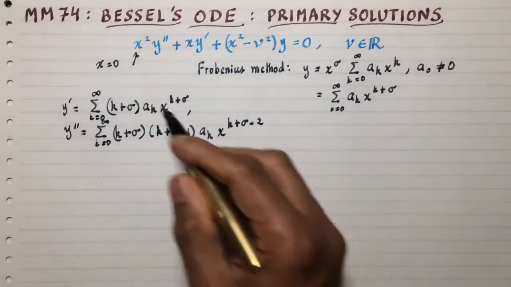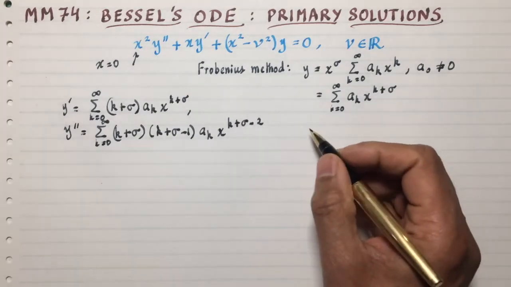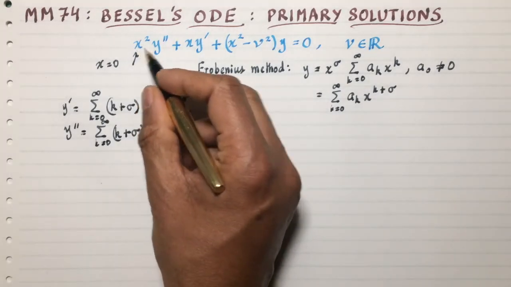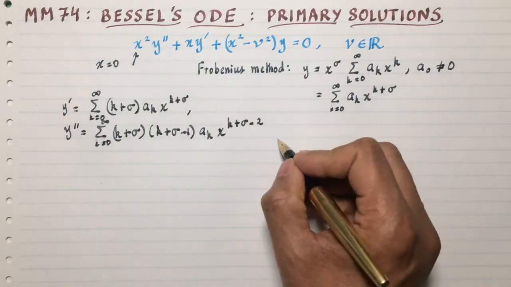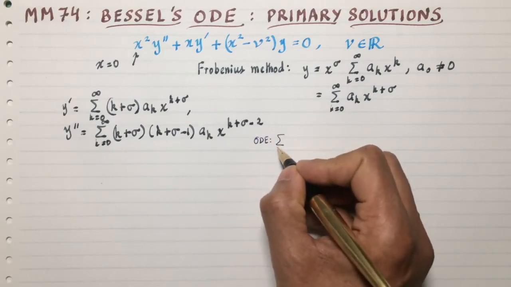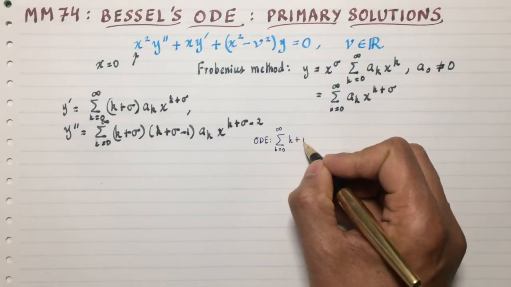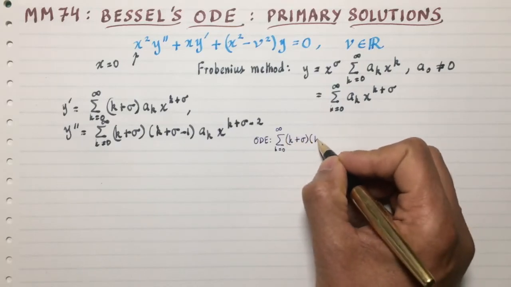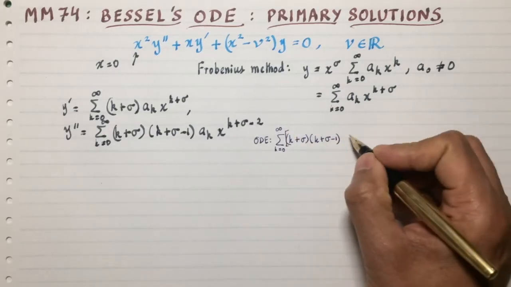Now if you put this all back into Bessel's ordinary differential equation, you're going to get a long, complicated expression. It may be even worth writing it. So if I multiply this by x squared, the 2 factor disappears, and the ODE becomes the sum from k equal to 0 to infinity of k plus sigma times k plus sigma minus 1 times a_k.